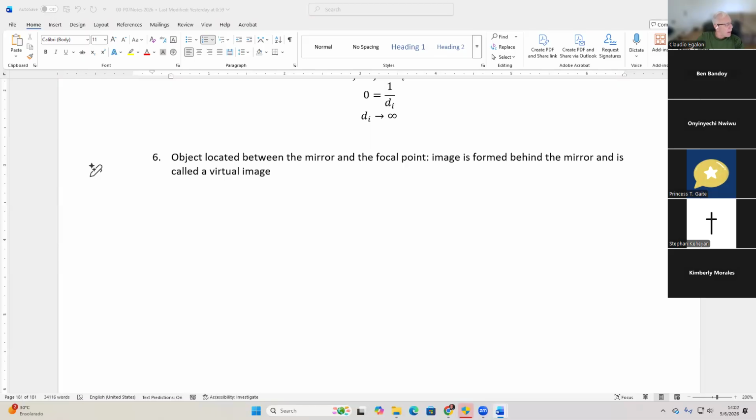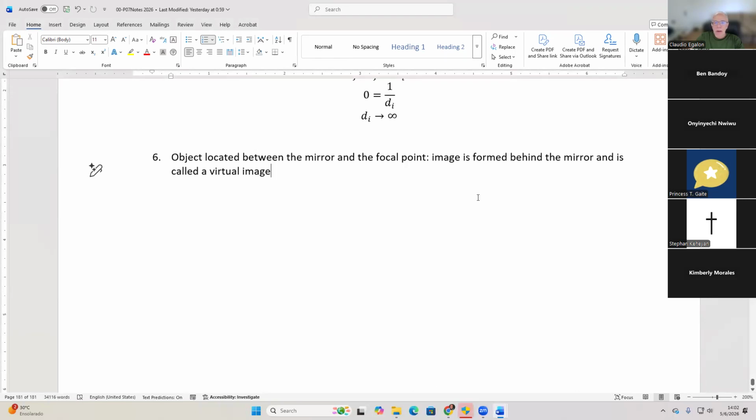It doesn't look like I have a table. Okay, object located between the mirror and the focal point. The image is formed behind the mirror and it's called a virtual image.